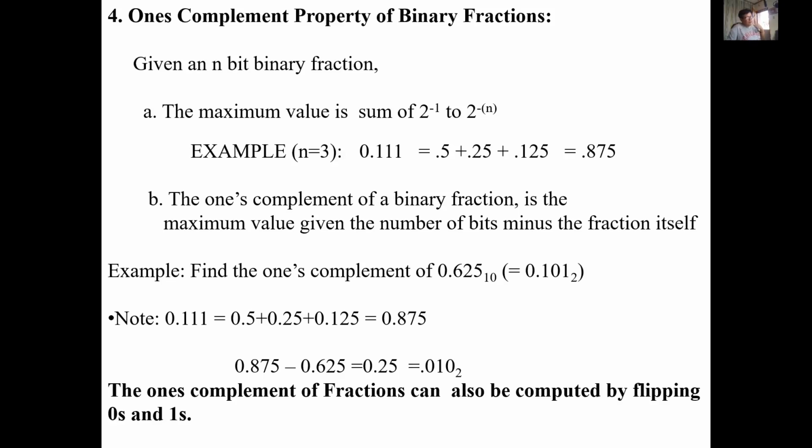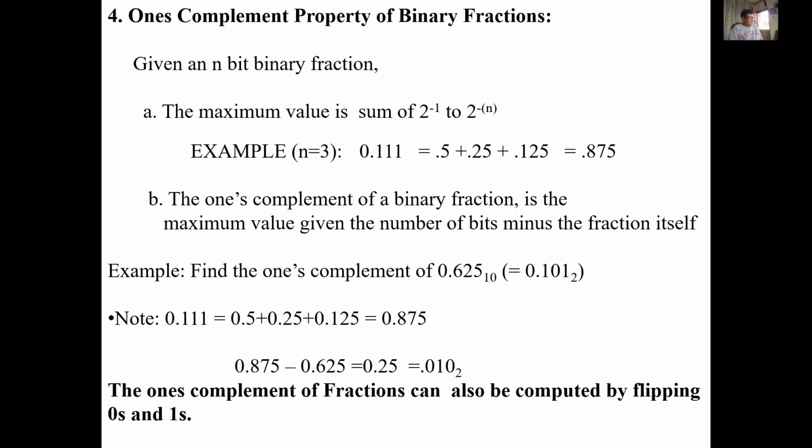Now that applies only to whole numbers. How about binary fractions? For example, given an n-bit binary fraction, 3 bits, 0.111. How do we compute the ones complement of the binary fraction?